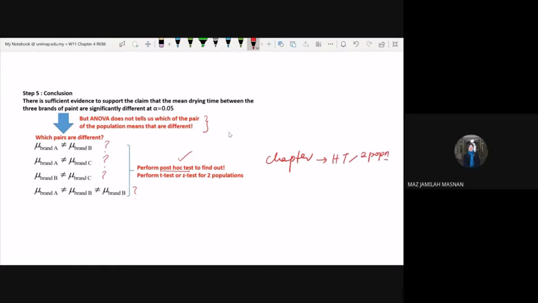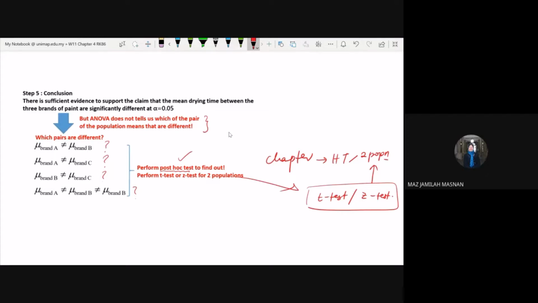And what do we use in two-population cases to do the hypothesis test? It's either the t-test or z-test, right? So you will go back to your two-sample or two-population hypothesis testing, and look at how this is done.